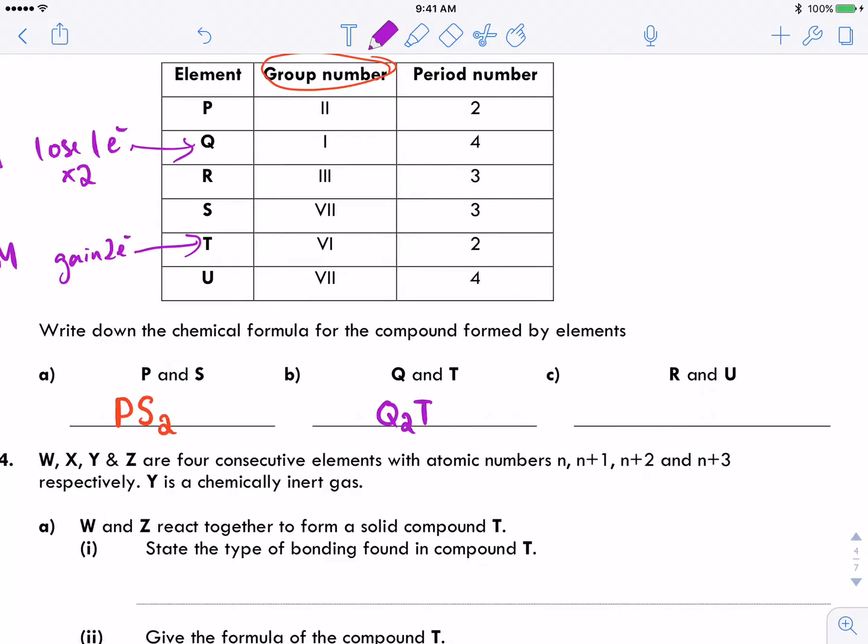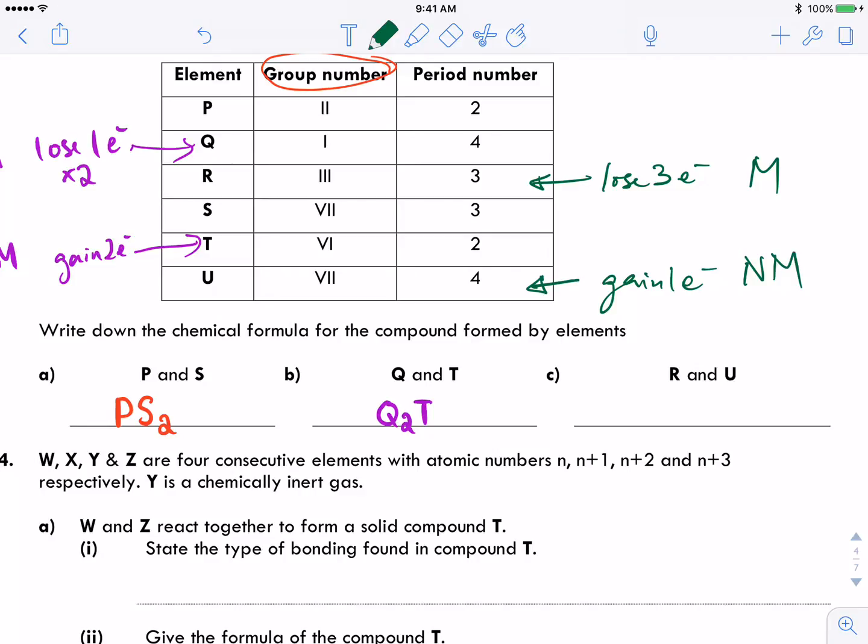Okay, let's look at R and U. So R is in group 3, it should lose 3 electrons. U is in group 7, so it should gain 1 electron. This is the metal, this is the non-metal.